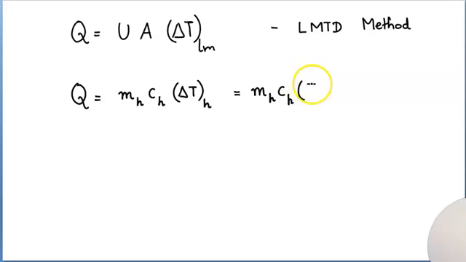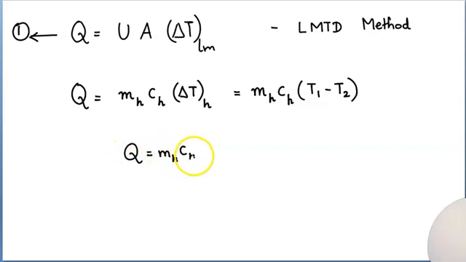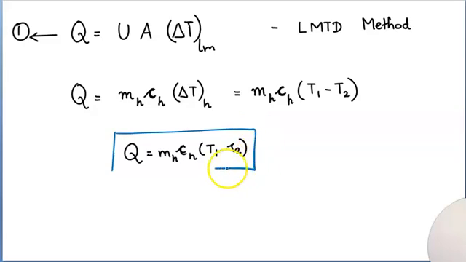Because the hot fluid temperature is decreasing, I am writing it as T1 minus T2. Let's call the LMTD relation equation 1. Q equals MH CH (T1 minus T2). This is a lowercase c, and there's an uppercase C, so I'll be careful here.